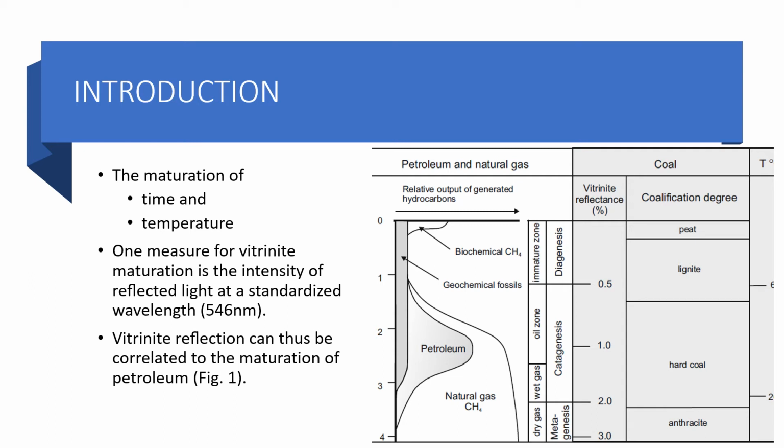You should know that the maturation of coal also depends on time and temperature. Actually, what has happened is that in the early days, we knew a lot about coal and the technology associated with that. And when it came down to the petroleum industry, much of this technology was imported from coal technology.